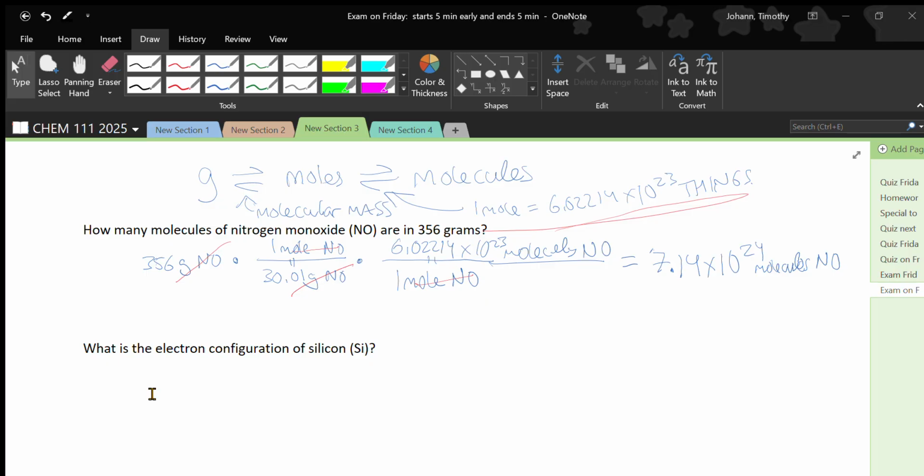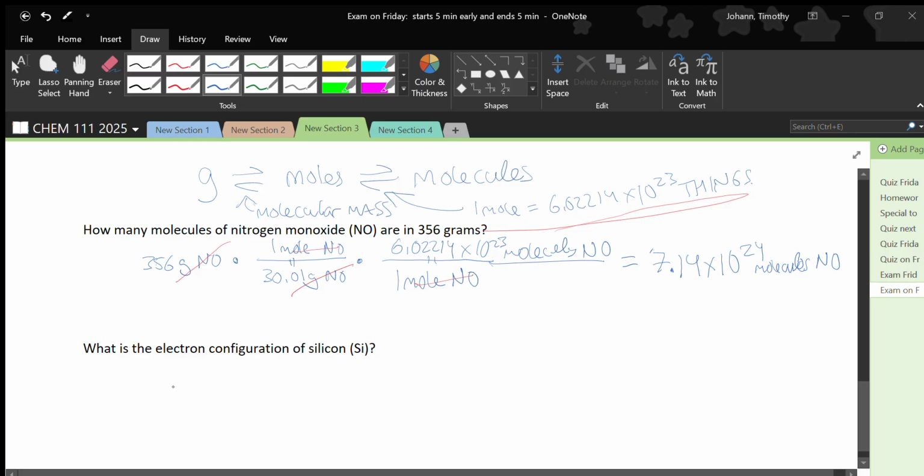2s2, 2p6, 1, 2, 3, 4, 5, 6. 3s2, 3p1, 2. Okay? Easy as that. That's why the periodic table is in the format it is. So we could say we're using it for cheating, but what it really is is using the periodic table for what it's for.